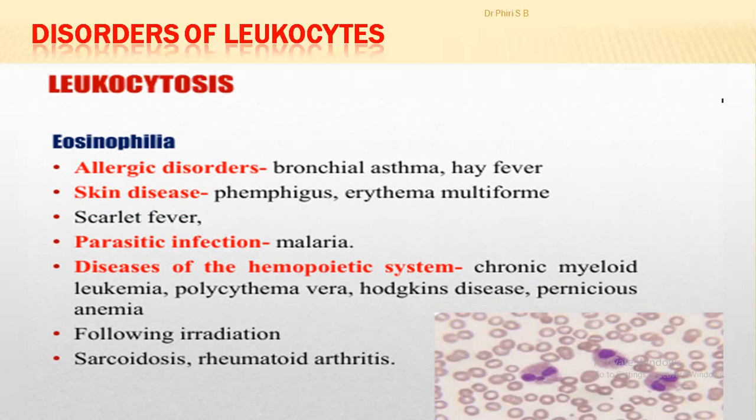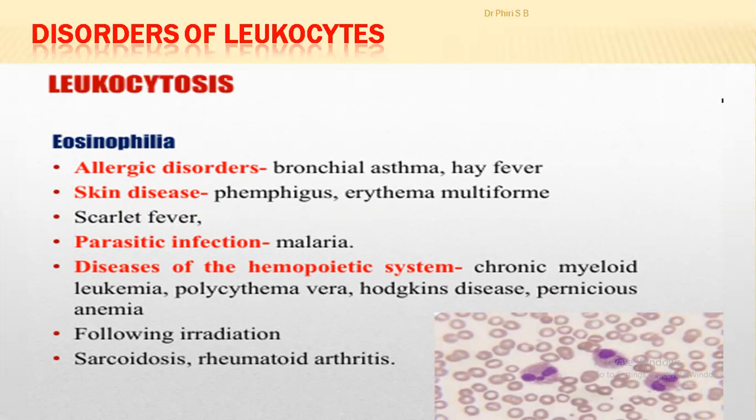Then parasitic infection, of course. Where you have a lot of eosinophils, you suspect that there are parasites. Parasitic infections like malaria and also worms point to an increase in eosinophils, or eosinophilia. Diseases of the hematopoietic system like chronic myeloid leukemia, polycythemia vera, Hodgkin's disease, pernicious anemia.